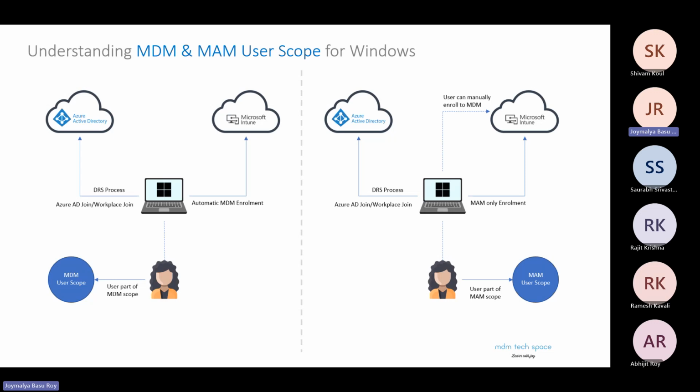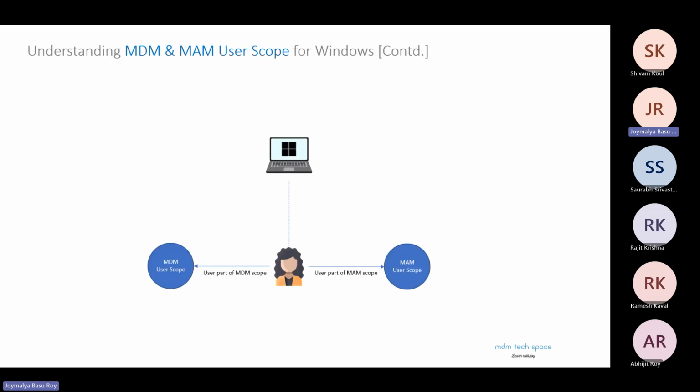What we have talked about in this particular slide is when the user is part of the MDM user scope, and the other is when the user is part of the MAM user scope. So these are two separate scenarios. The next slide is when the user is part of both.